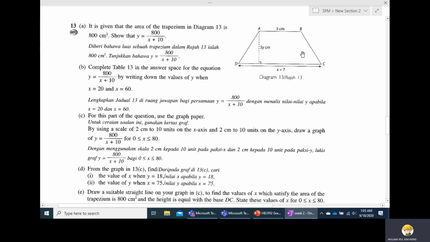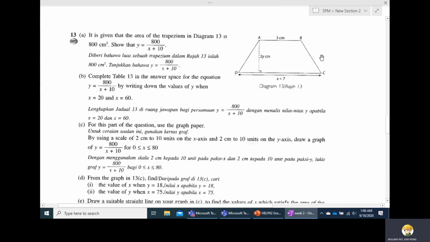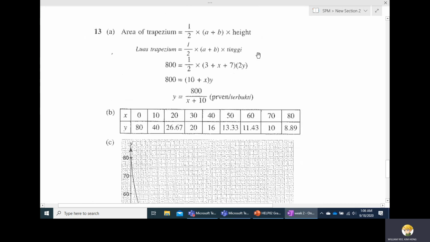Now look at the answer here. The area of the trapezium is half, multiply A plus B, this one and this one, then multiply with the height. It is given that the area is 800, right?